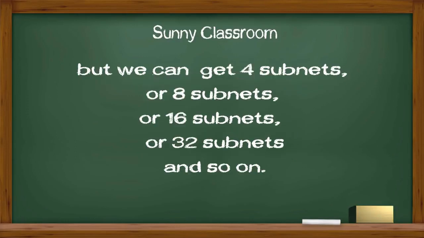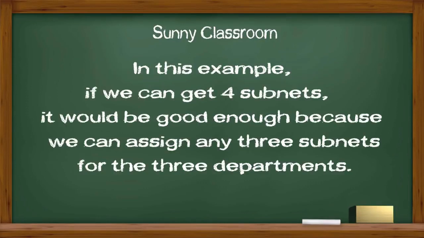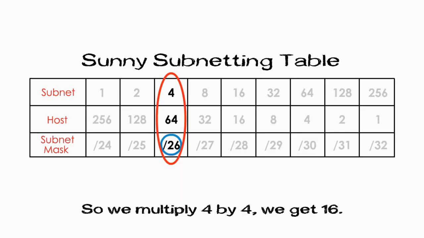But we can get 4 subnets, or 8 subnets, or 16 subnets, or 32 subnets. In this example, if we can get 4 subnets, it would be good enough because we can assign any 3 subnets for these 3 different departments.